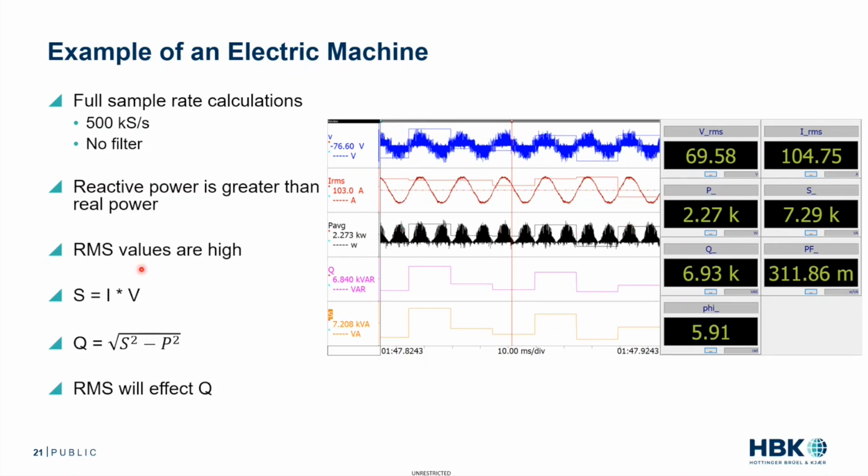And if we run through and do all our calculations, S equals IRMS times VRMS, Q equals the square root of S squared minus P squared, we get the given values you see: 69 volts, 104 amps, 2.27 kilowatts, but absolutely huge apparent power and reactive power. We can see that we've got 7.9 kVA and 6.9 kVAR, a low power factor for a relatively small phase angle.